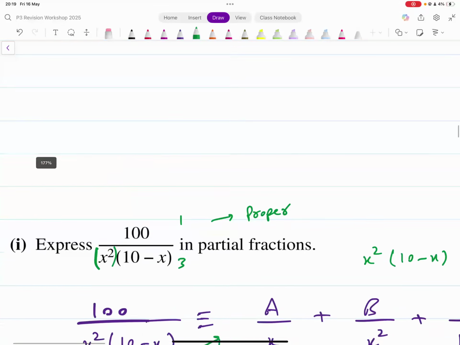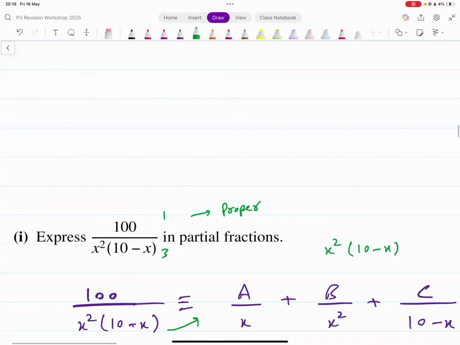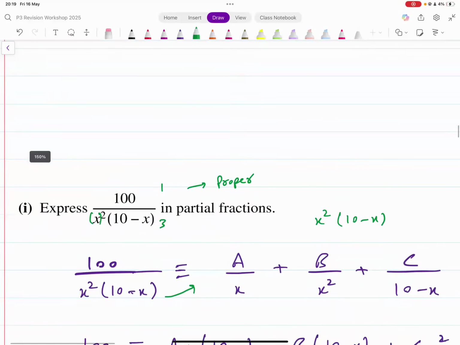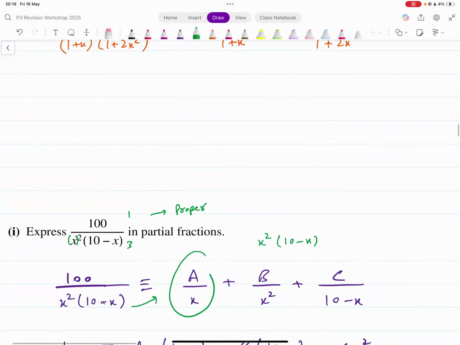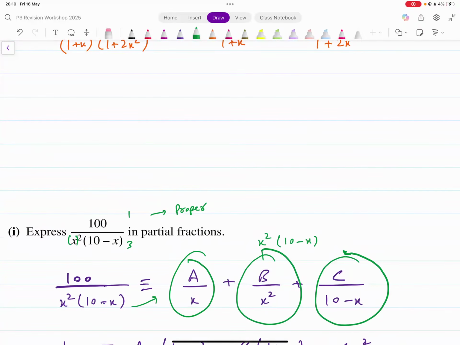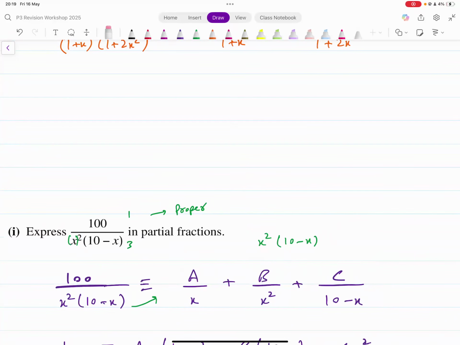If we treat it as repeated linear like this, then the form that we would get would be A over x plus B over x squared plus C over (10 minus x). That's a better way of writing this rather than treating this as a quadratic factor.